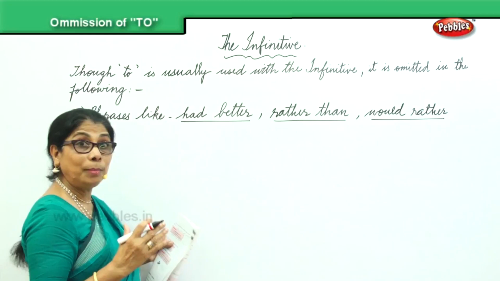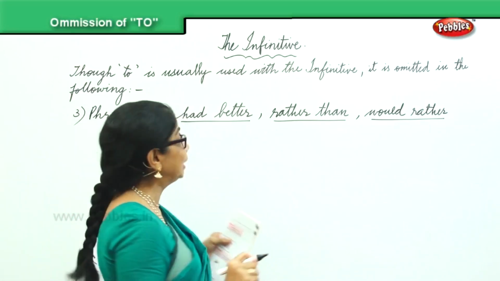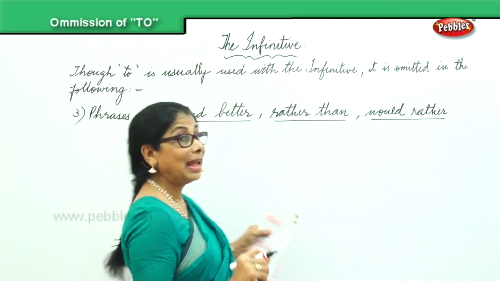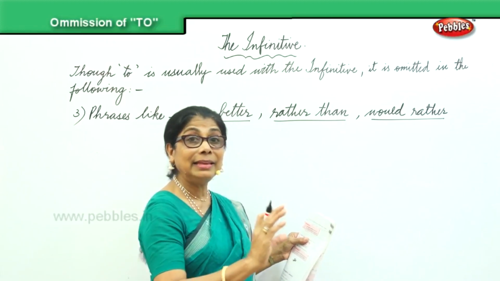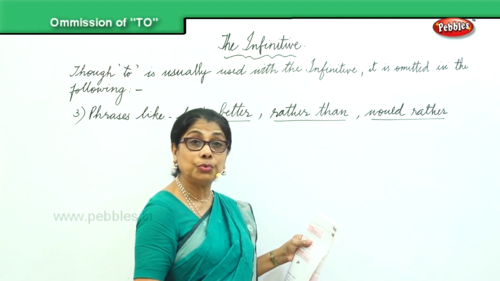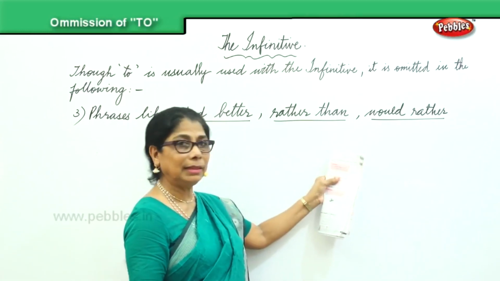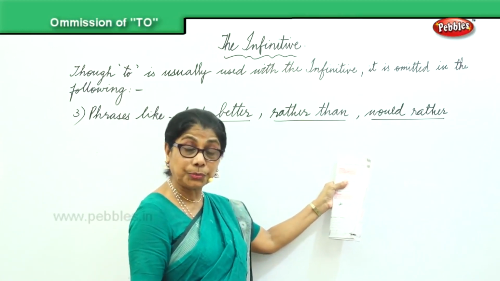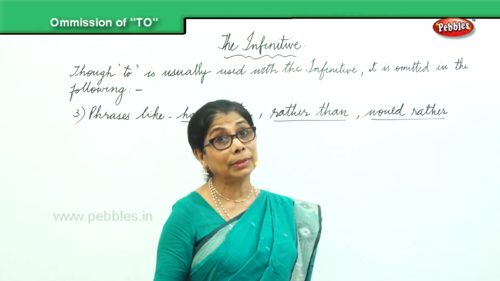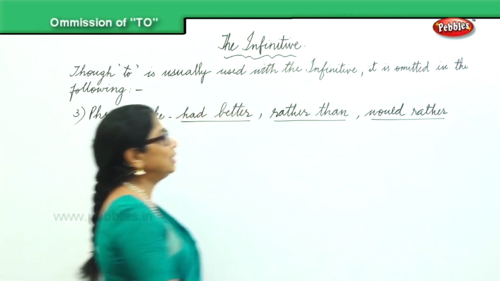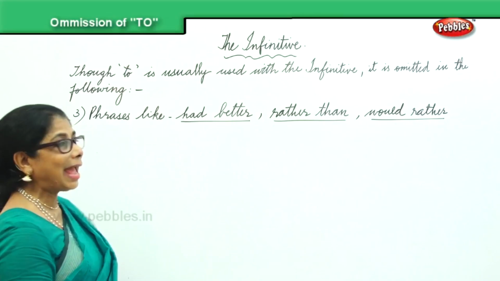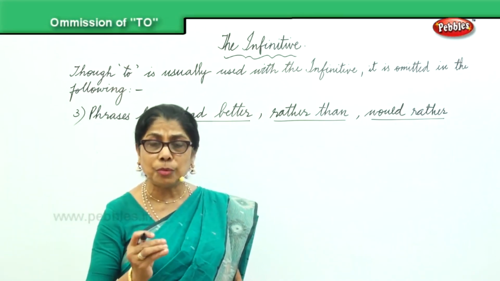I had better do my homework, otherwise teacher will punish me. Rather than, I would rather eat and go to school than faint in the school. Would rather. I would rather choose this storybook than that. So when we are using these phrases, we do not add to form the sentence.